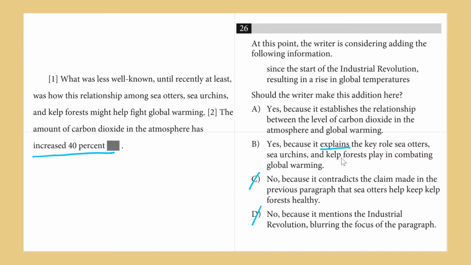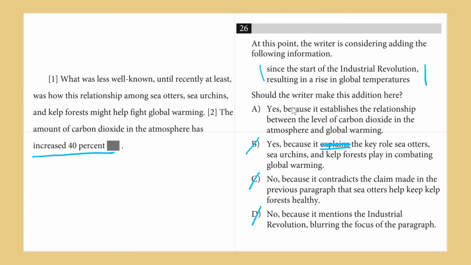The question is asking you about this phrase up here. Does this phrase explain the key roles these sea creatures play in combating global warming? I would say no, it does not do that. Because it doesn't do that, we're going to cross out this word, and that's not going to be the answer. That's not the reason why we would add a phrase, because that phrase has no relationship to answer choice B.